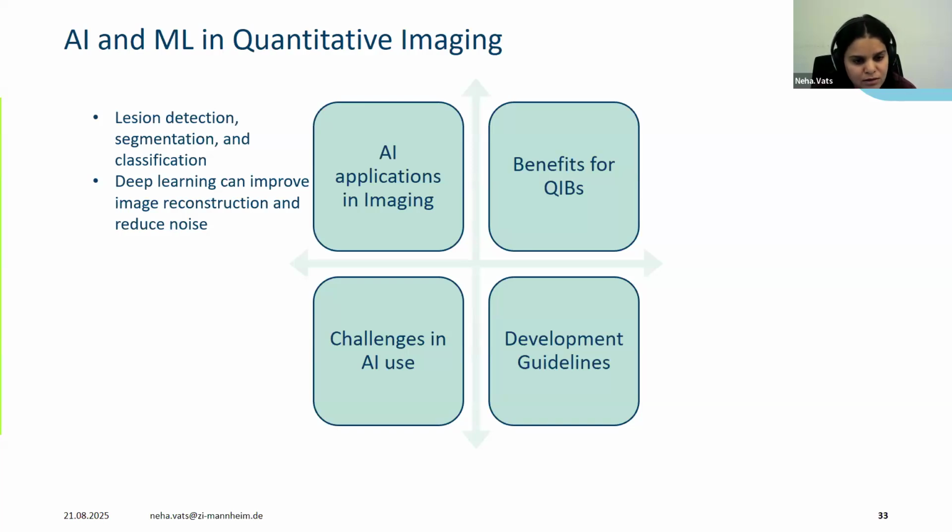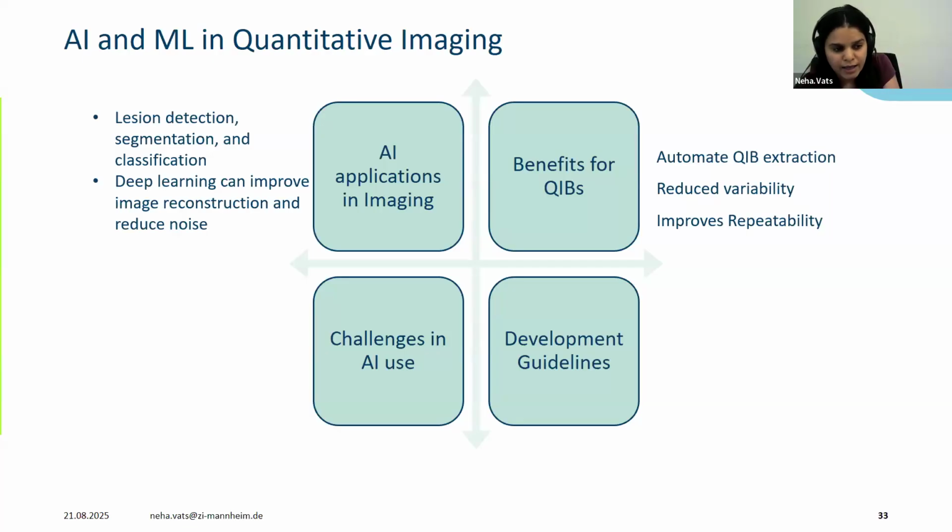So we get better images with less noise that will ultimately help us in better diagnosis of the disease or better treatment response. What are the benefits for these biomarkers? AI can help automate these biomarker extractions. So it will help reduce the variability, and it will also improve repeatability of these biomarkers.